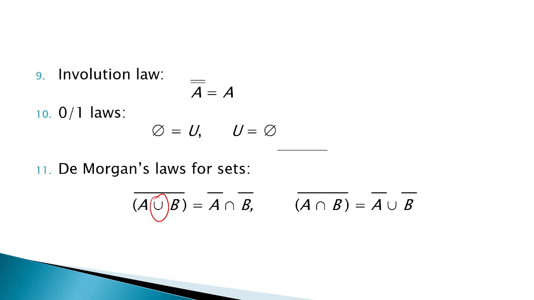Invert the operation from union to intersection, and distribute the bar to both of them. That is De Morgan's law for sets. Likewise, if you have the complement of A intersection B, to remove the bar, first invert the operation from intersection to union, and then distribute the bar to A and B. So that is De Morgan's law for sets.